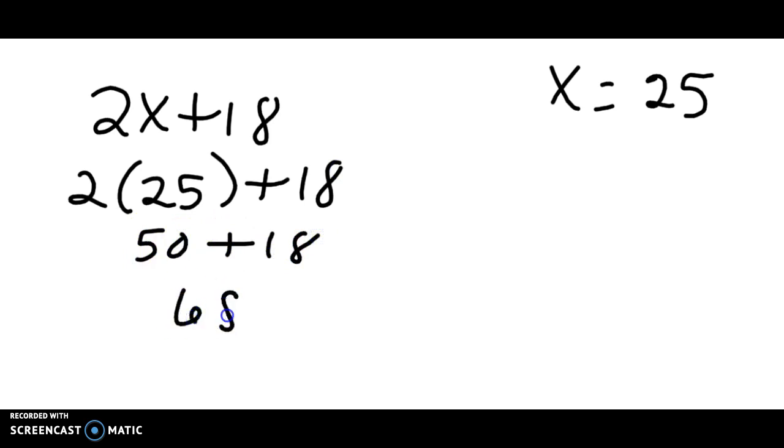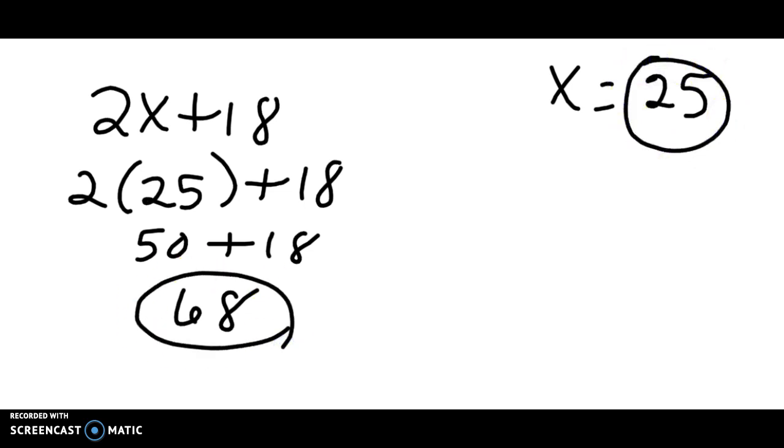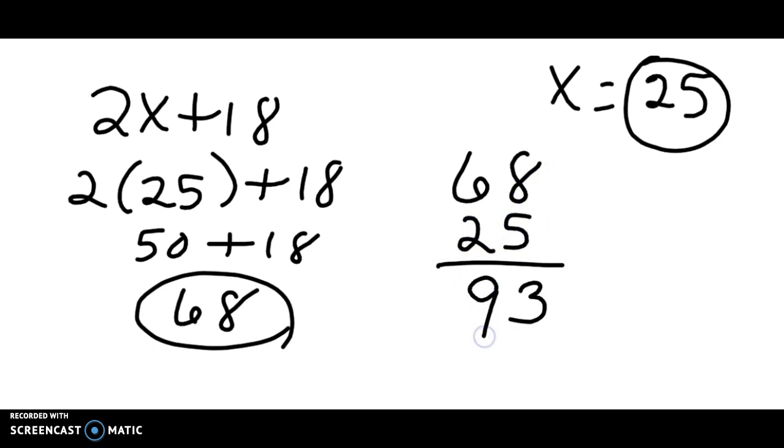That gives me 68. So my small number is 25, and my larger number is 68. And you can check both of those by substituting it back into the equation. If the sum of the two numbers is 93, so let's see, 68 and 25 totals 93.